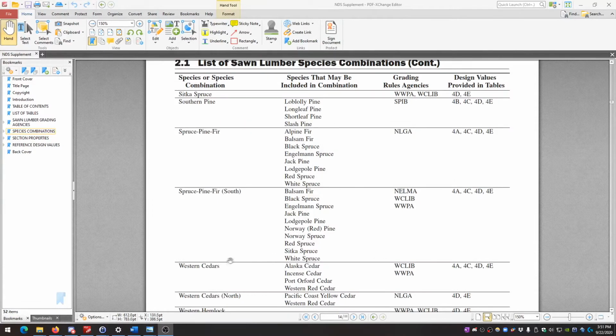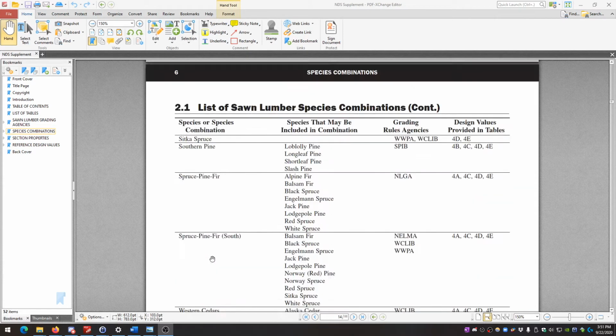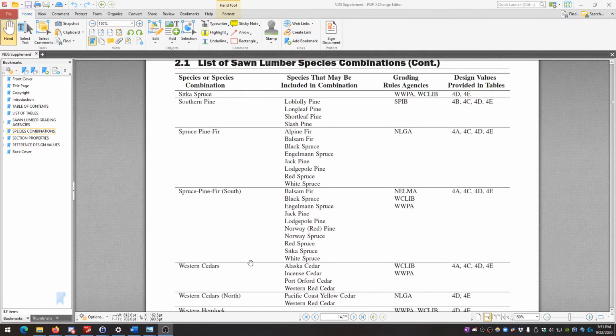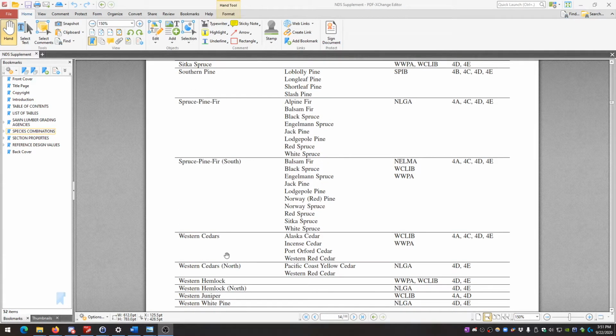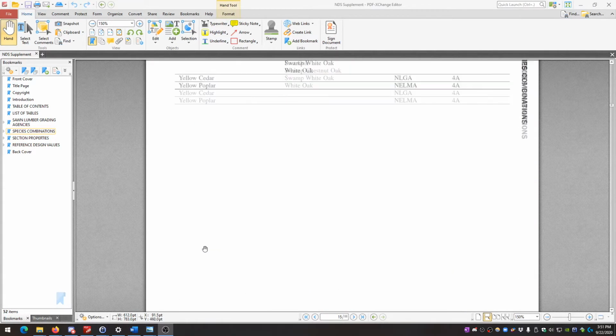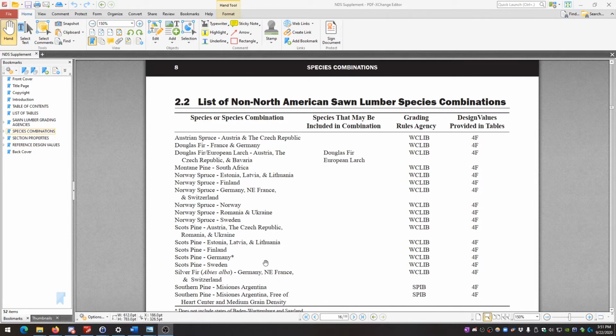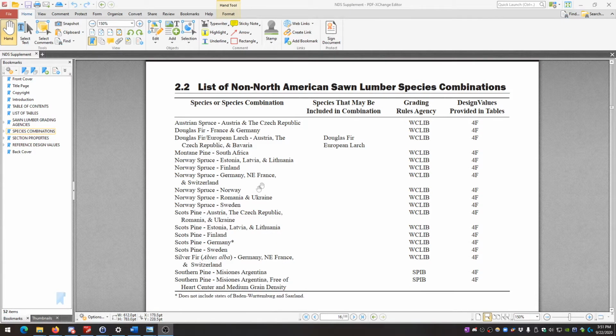Also, another thing to note is that there are several different species combinations tables. If you're working with solid sawn lumber, you're going to use table 2.1, at least for North American domestic species. But if you go past this to table 2.2, you'll find various international species outside of North America, primarily in European countries.